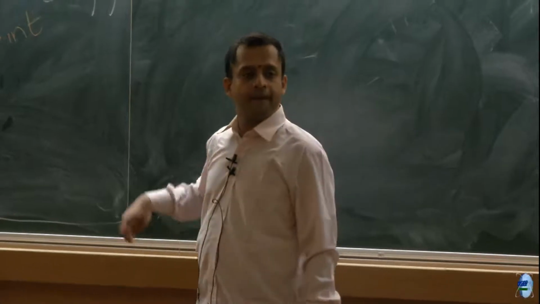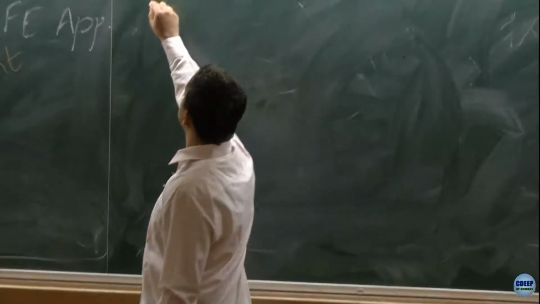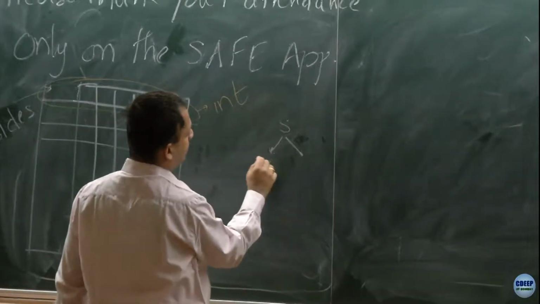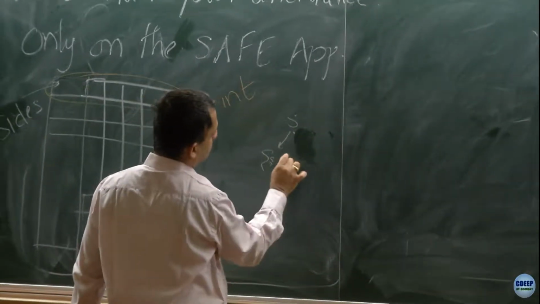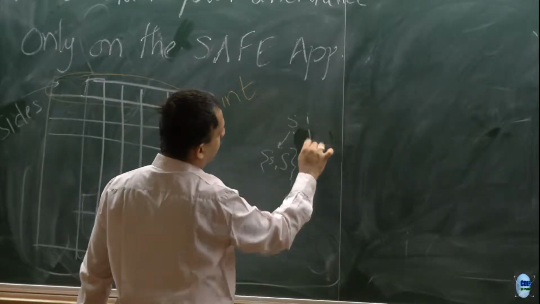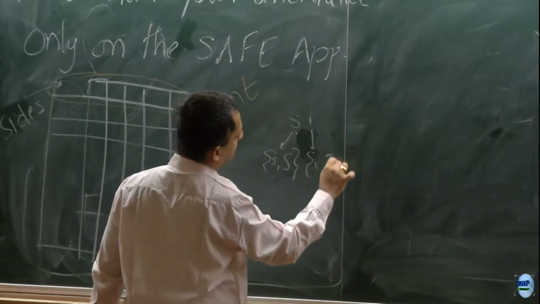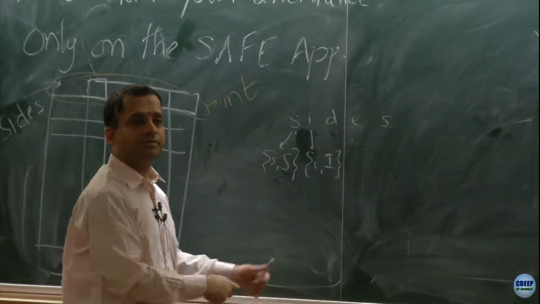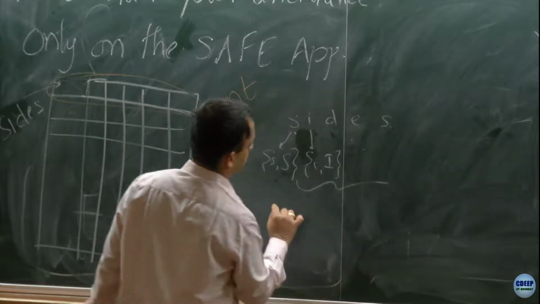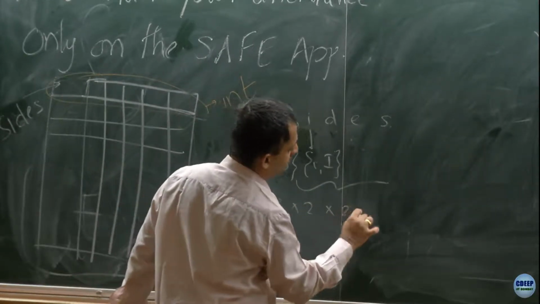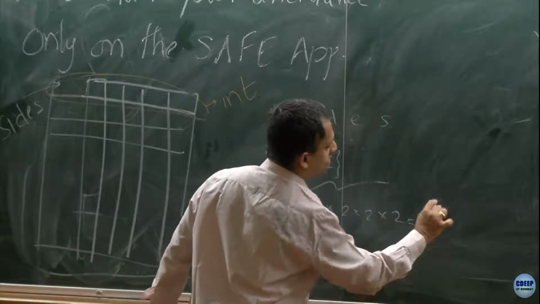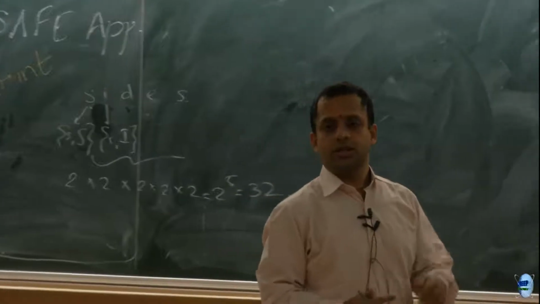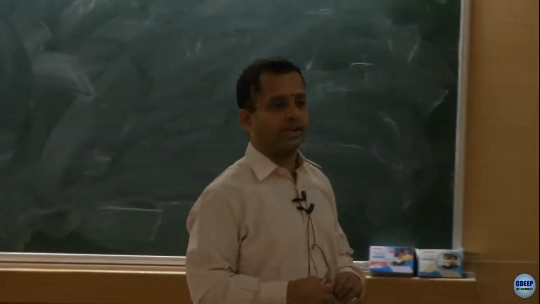For the first s, it could be small s or capital S, and the same for each of the other letters. So how many? 2 times 2 times 2 times 2 times 2, 2 raised to 5, is 32. So there are 32 possible unique ways you could name a variable corresponding to sides.